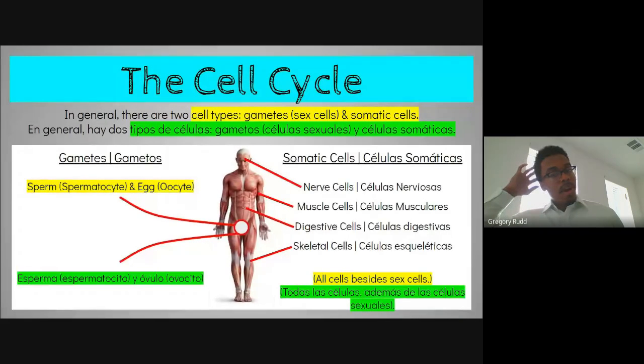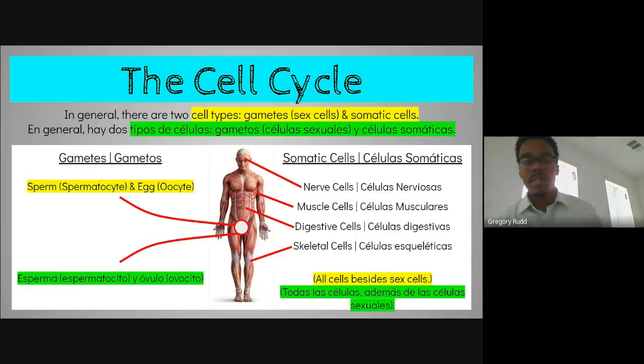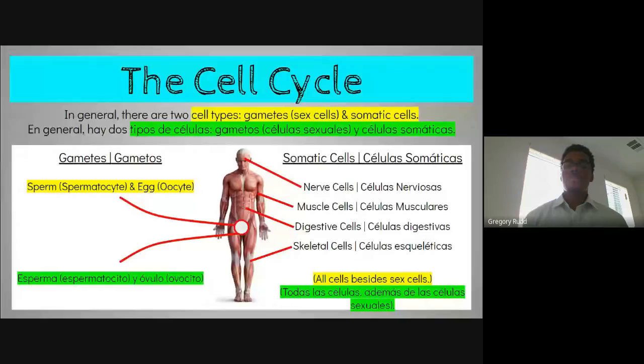But they do this through a process called the cell cycle. And in general, there are two cell types. There are gametes, which are sex cells, and then there are also somatic cells.